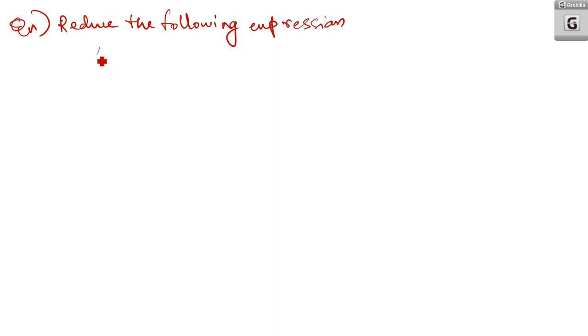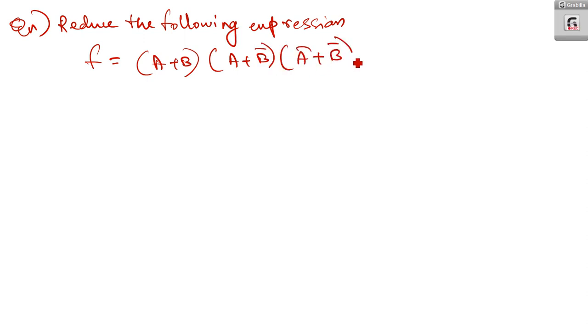The question is given by F is equal to (A or B) and (A bar or B bar), (A or B bar) and (A bar or B bar). Now this is basically in two variable form, and that too again in product of sums form. So draw the K-map.